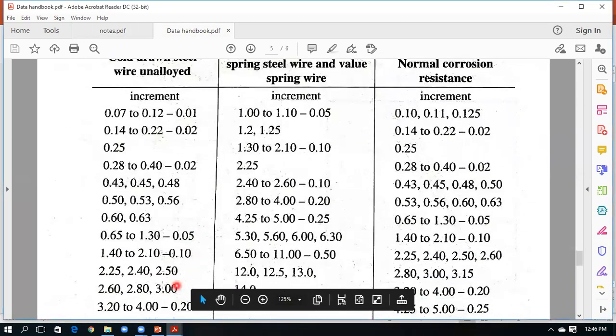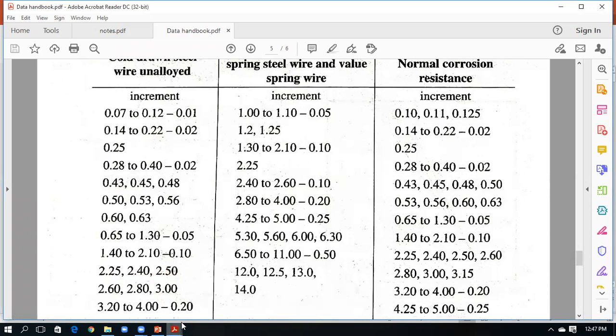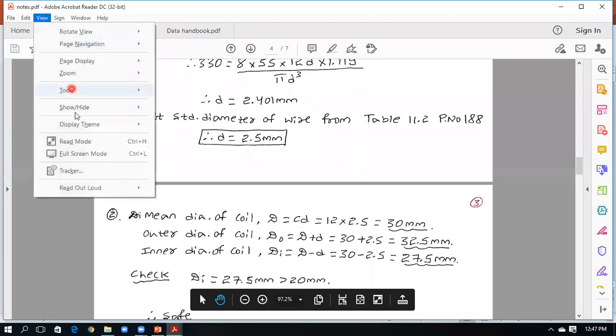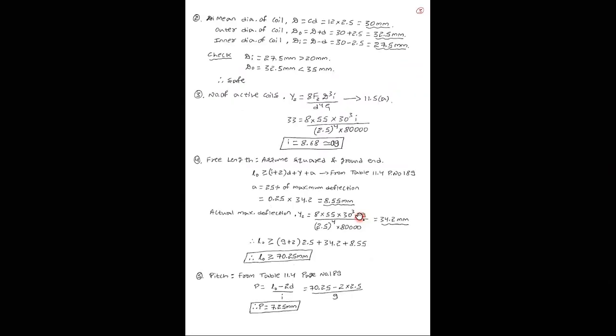You have to search for that. 2.25 is there, 2.40 is there. You cannot select 2.40 because the value you obtained is 2.401, which means you have to select the next standard one. It is 2.50. Therefore, the standard diameter will be d is equal to 2.50 mm. This is the standard diameter which you are going to select.